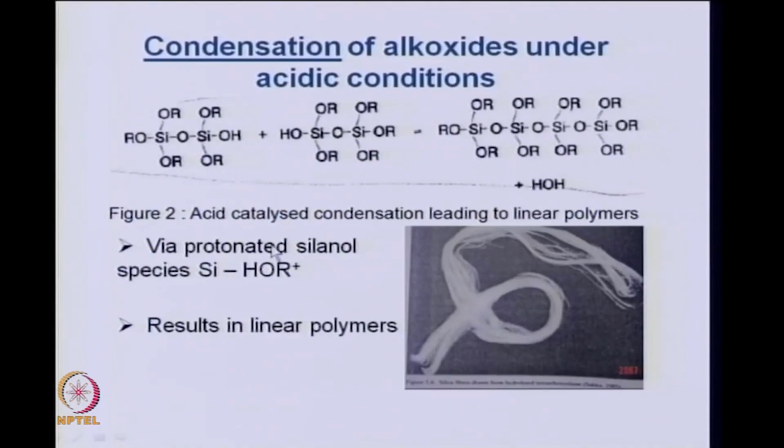So, acid catalyzed condensation always leads you to linear polymers, and you can see these chains of linear polymers based on condensation of alkoxides. This is a scanning electron microscope picture of these kind of linear polymers. So, this reaction occurs through the protonated silanol species Si-HOR plus and results in linear polymers. This is under acidic conditions.